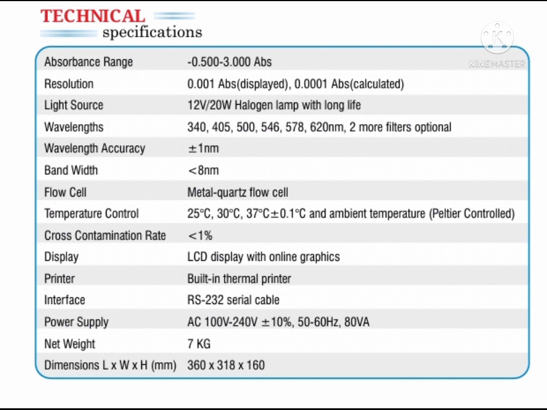LCD display with online graphics, built-in thermal printer, RS232 serial cable. Net weight is approx 7 kg, and the dimension of the instrument is length 360, width 318, and height 160 mm. And the rest of the other features are common like other instruments. Details of the specification you can find out in the company's catalog.